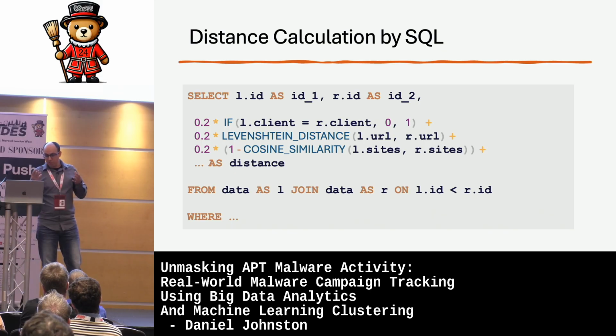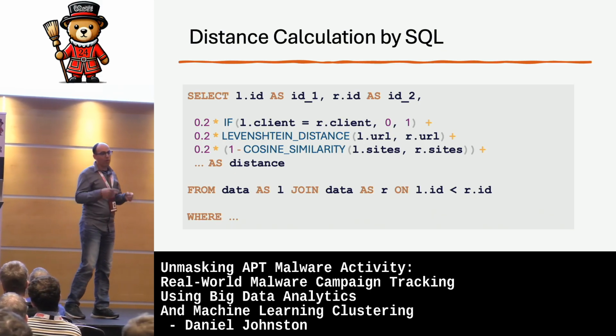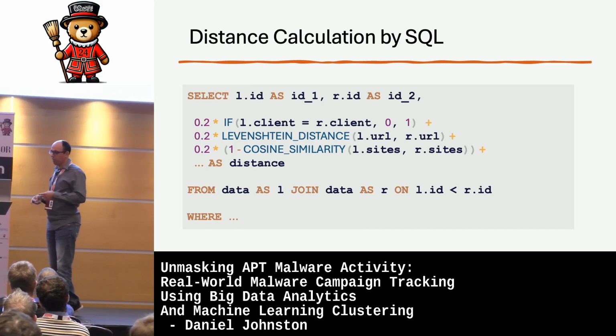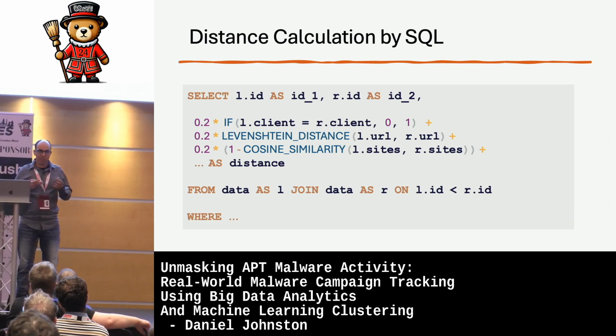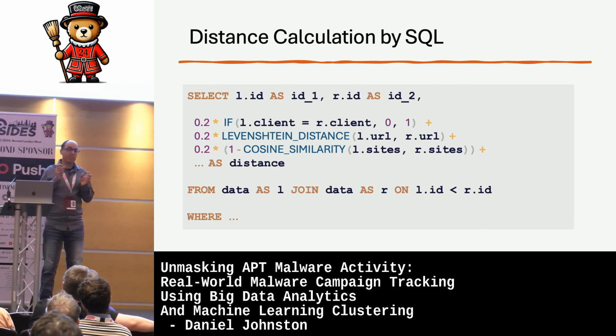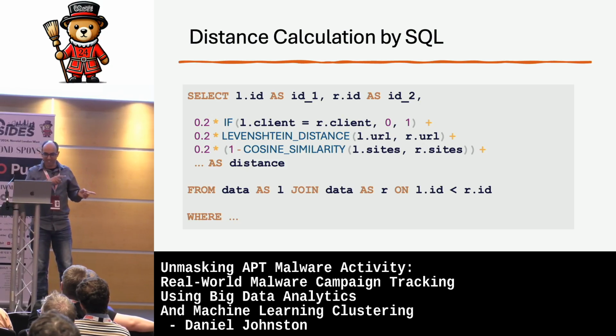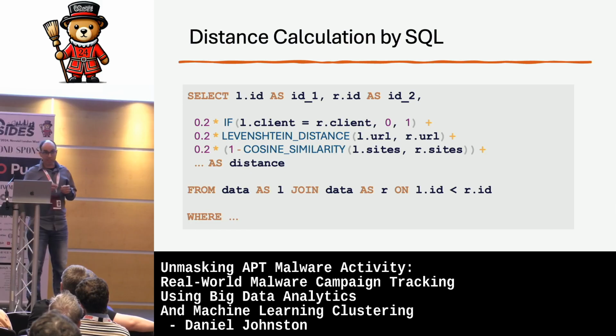We self-join the data with itself, so we go over all the pairs, and you can see how we are doing that. What's important is that we now have to calculate the distance. So we are using different features of the attacks. We have two attacks, left attack and right attack, from the left side and right side of the join. We check if it's the same client. I explained before about the client classification.